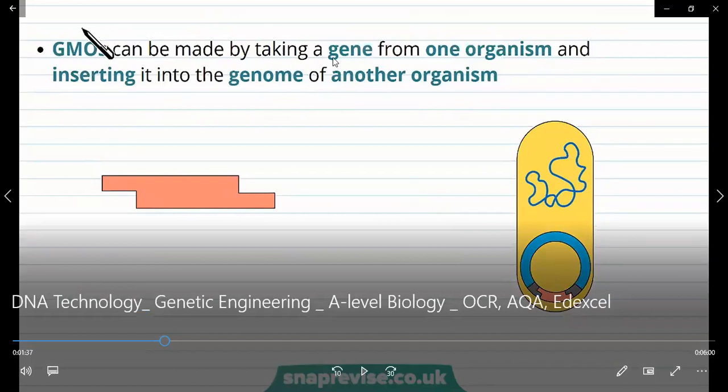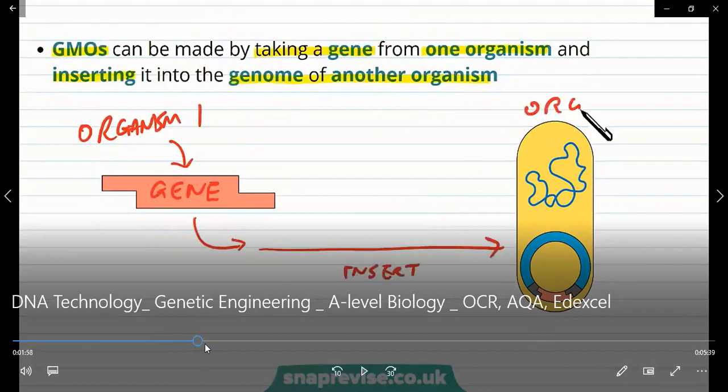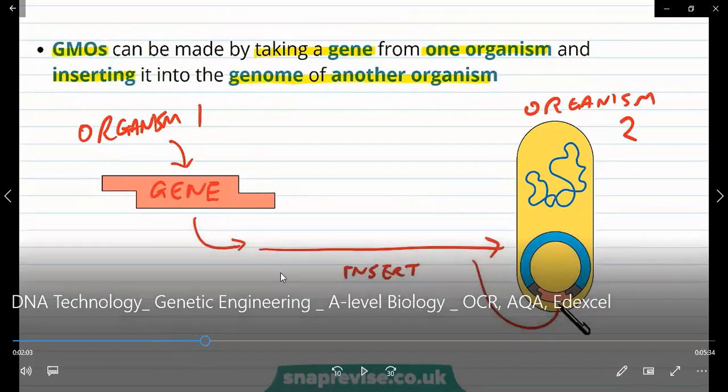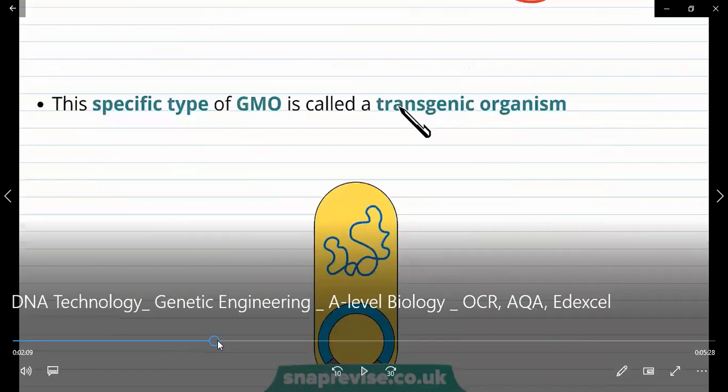And usually you're taking the gene from one species and inserting it into another species. As you are seeing here, this would be the gene from another species, and you're inserting it into the bacterium right here. Okay, so once you have done that, then you can say that you are doing genetic engineering.